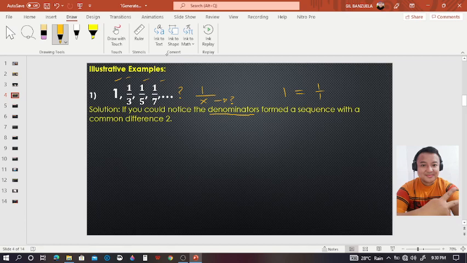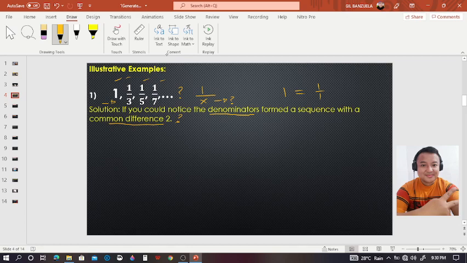Tingnan natin maigi. Pare-pareho na yung numerator, so wala na tayong problema sa numerator. Ang focus na lang natin yung denominator part o yung nandito sa ilalim. So, for our solution, kailangan nating tingnan yung denominator. Ayan, at meron silang common difference na 2.